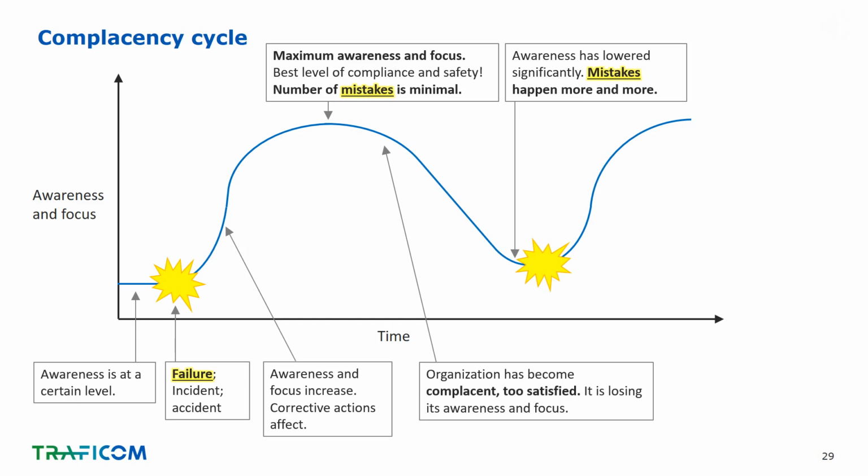By looking at how often these cases happen, we can estimate where we are on the complacency cycle. By doing the same estimation for other processes too, we can see where we should be focusing, and we can manage our resources accordingly. This all is aimed to ensure compliance and aviation safety.